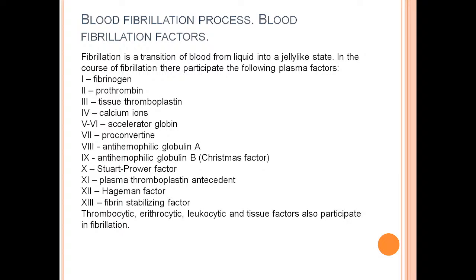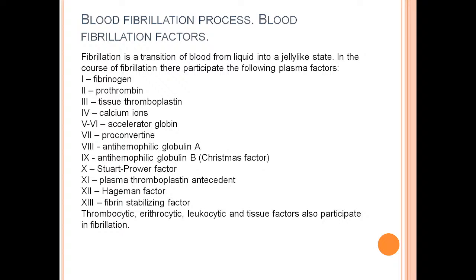Let's start from the definition. Coagulation is a transition of blood from a liquid into a jelly-like state. In the course of coagulation, the following plasma factors participate: 1. Fibrinogen, 2. prothrombin, 3. tissue thromboplastin, 4. calcium ions, 5. accelerator globulin, 7. proconvertin, 8. antihemophilic globulin A, 9. antihemophilic globulin B, Christmas factor, 10.